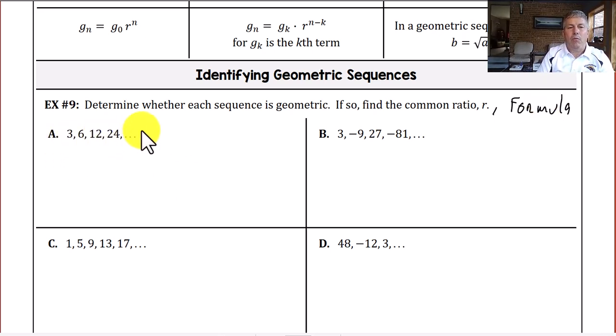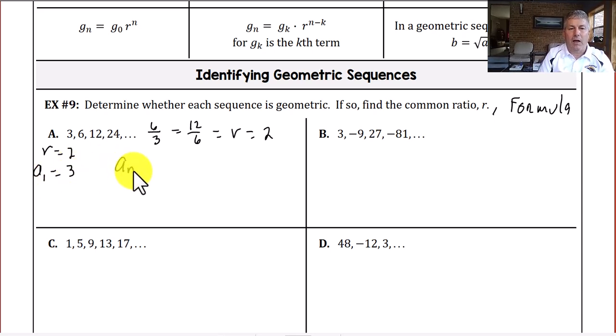So in A, we have 3, 6, 12, 24. So 6 over 3 is equal to 12 over 6. So our r is equal to 2. And our first term, our a sub 1, is equal to 3.